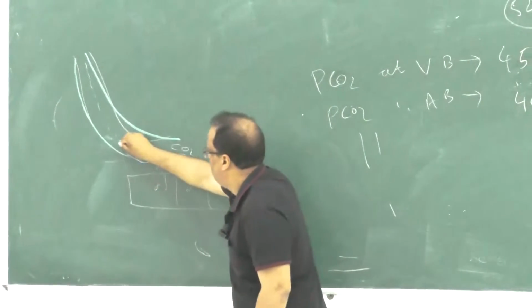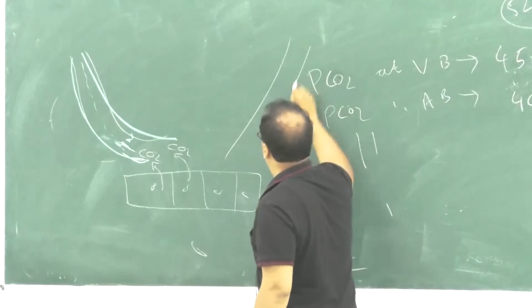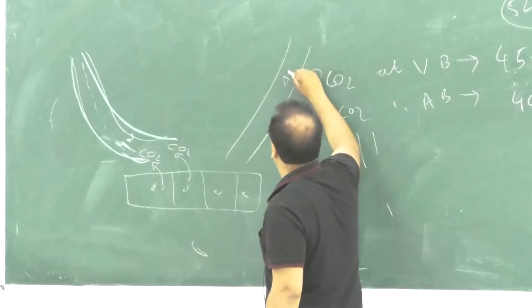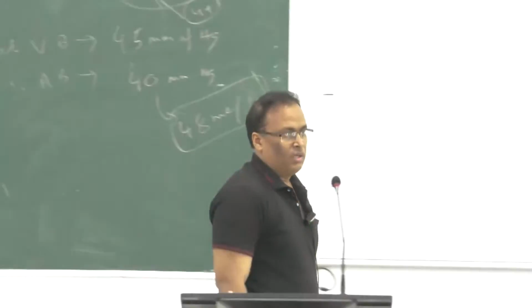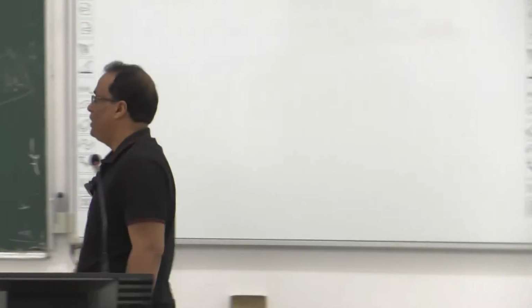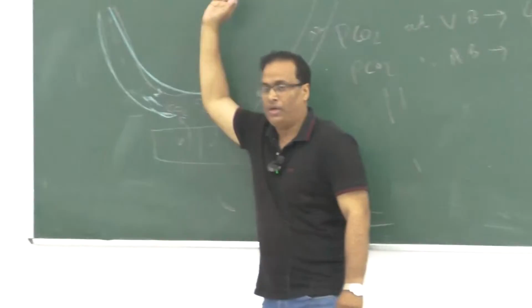From the tissue 4 ml, the arterial one. No confusion? So what is the confusion now? The confusion is why is it necessary to carry carbon dioxide forward this way?